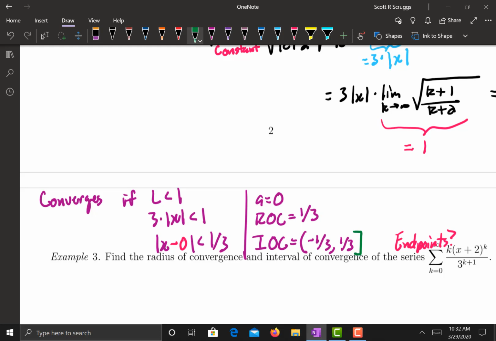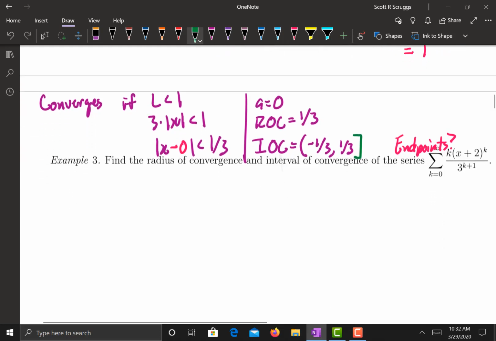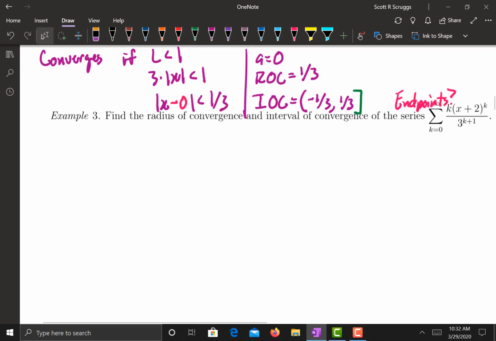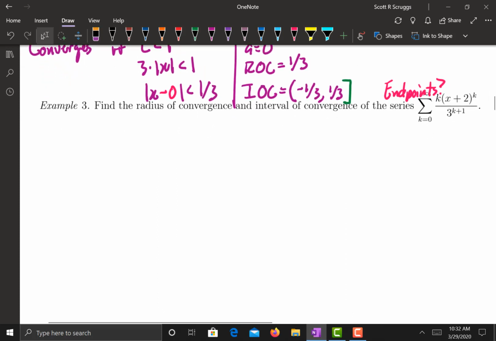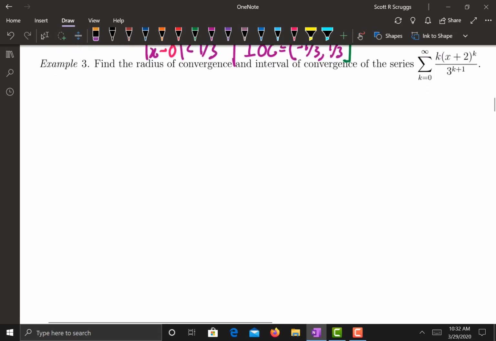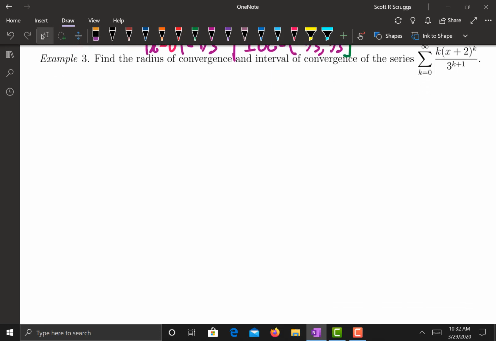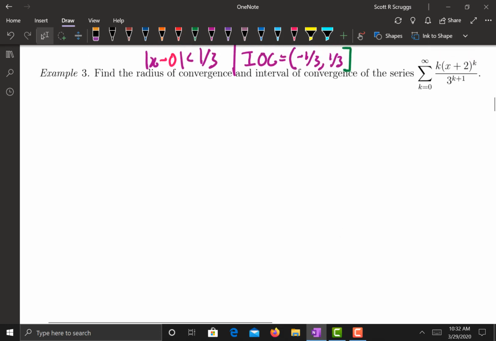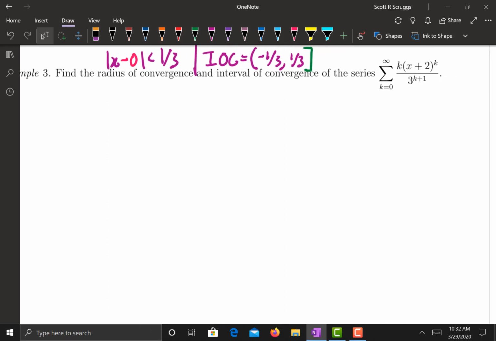So let's try out now example 3, in which we are trying to figure out, let's erase this to make that more clear, the radius of convergence and the interval of convergence for that series: the sum of k times (x plus 2) to the k power over 3 to the k plus 1 power. If I see a plus 2 with that x, don't be worried.